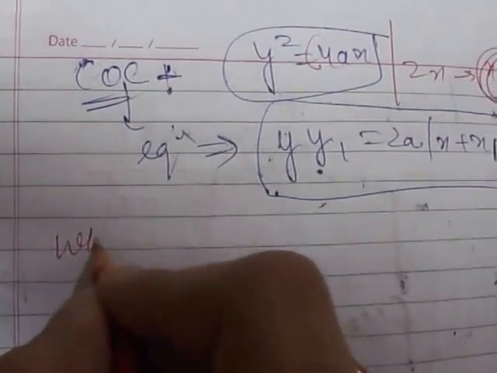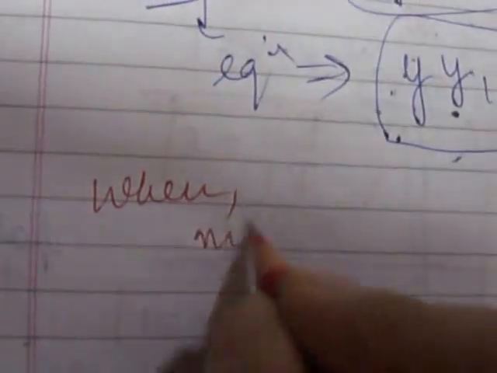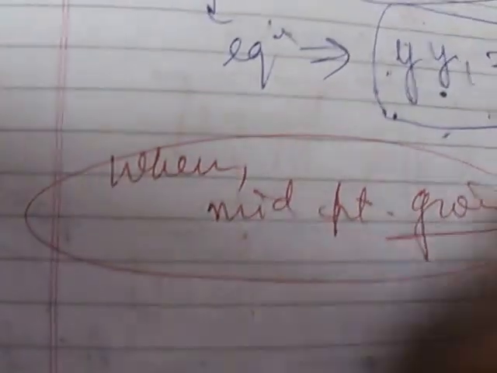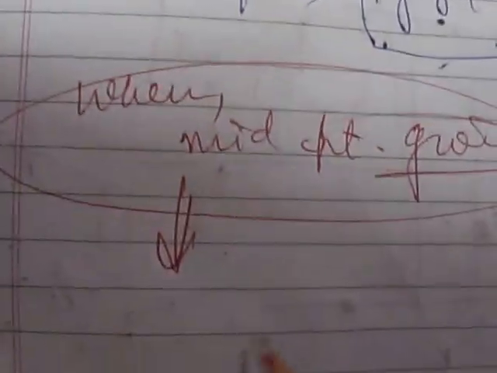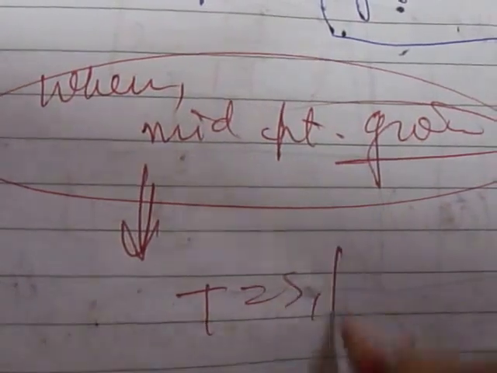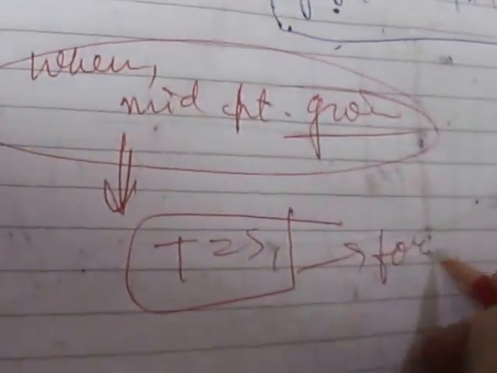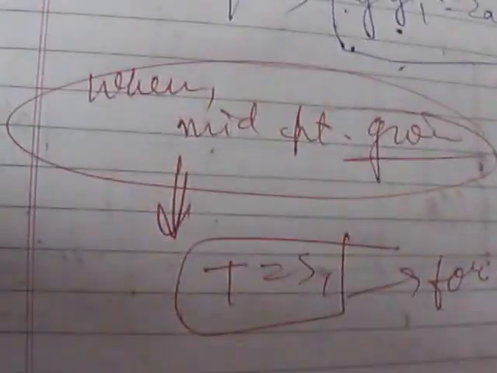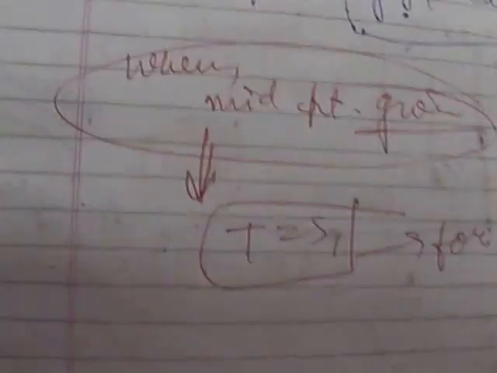Now when the midpoint is given, what do we do? T equals S1, we know that for any curve. Satisfy this equation yourself.